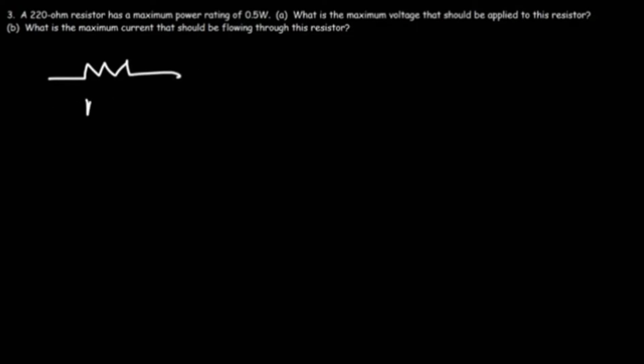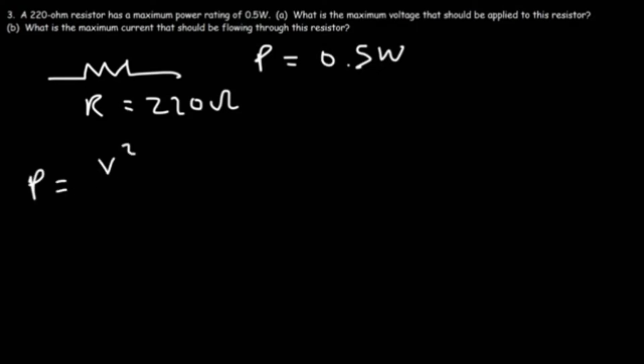So all we know is that R is equal to 220 ohms, and P is 0.5 watts. So to calculate the voltage, we can use this formula. P is equal to V squared over R. Multiplying both sides by R will give us the voltage.